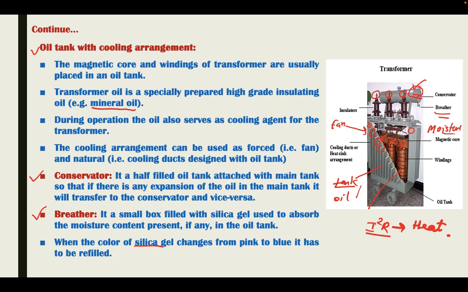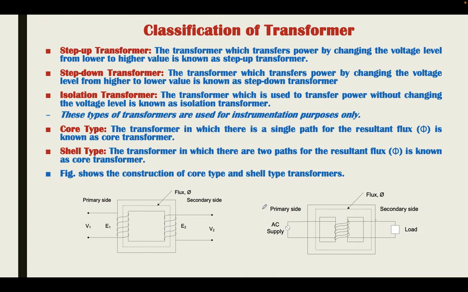If there is a small moisture content in the transformer oil, it may break down the insulation capacity of the oil, and hence it becomes necessary to absorb that moisture content within a time period. And silica gel has a special property: it changes its color from pink to blue when it absorbs the water content, and we will get to know whether a transformer tank has some moisture content or not.